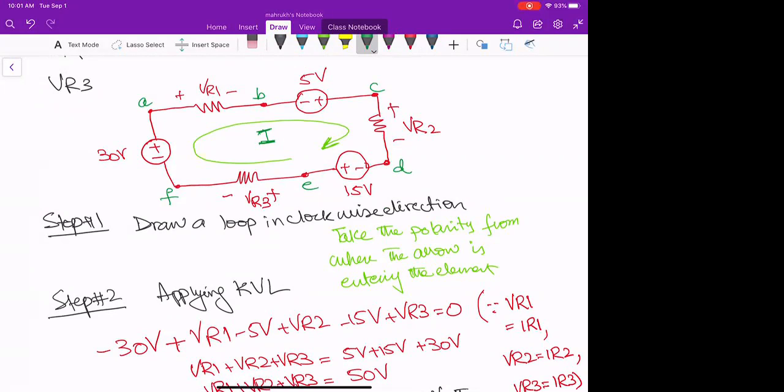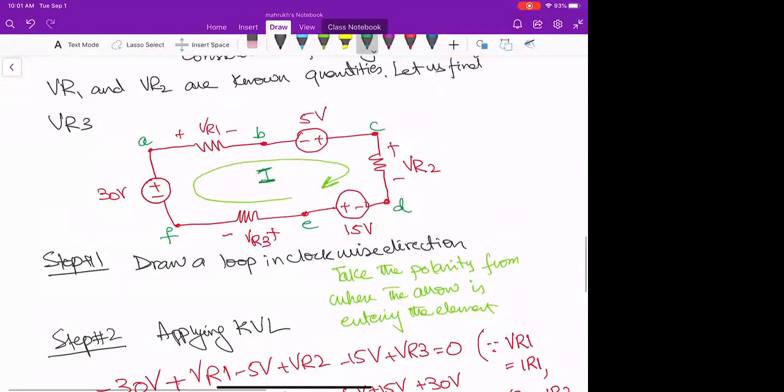If you remember in KCL, if I just draw to remind you, we were having something like this. So we were saying that this is the node from where the current is entering or leaving, right? In this case, there is no one I that is flowing in the whole of the circuit.